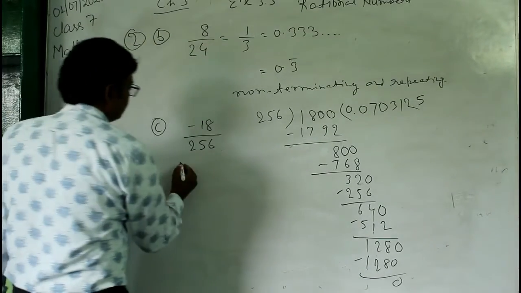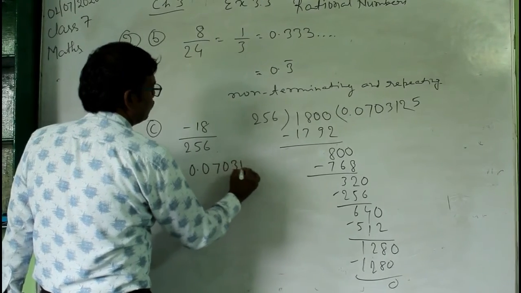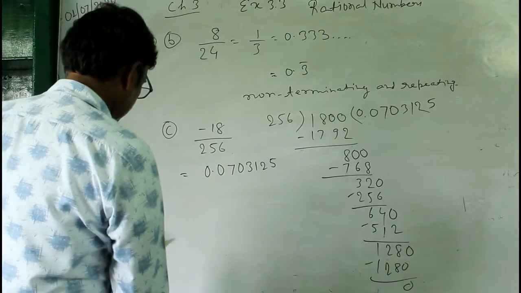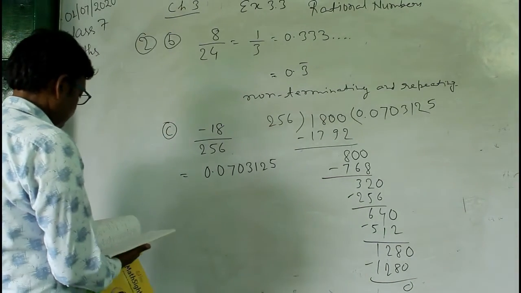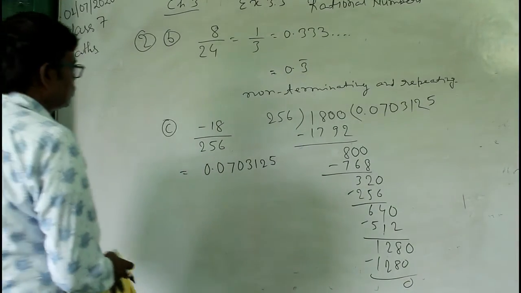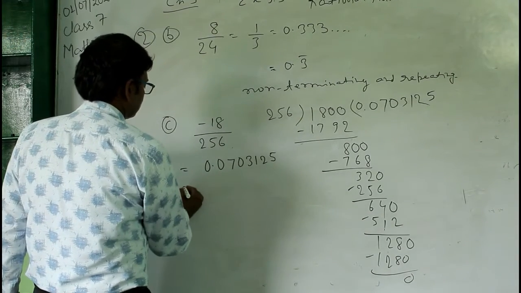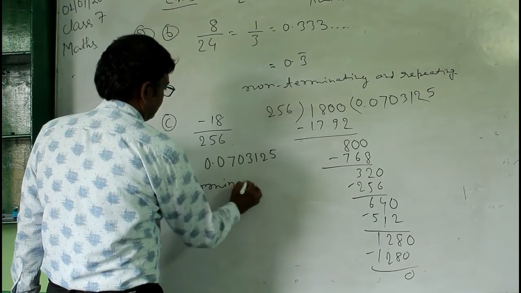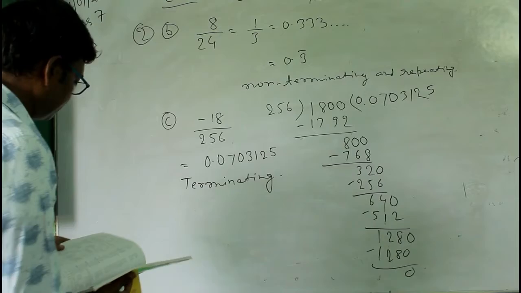And the answer here will be equal to 0.0703125. This is called a terminating decimal.